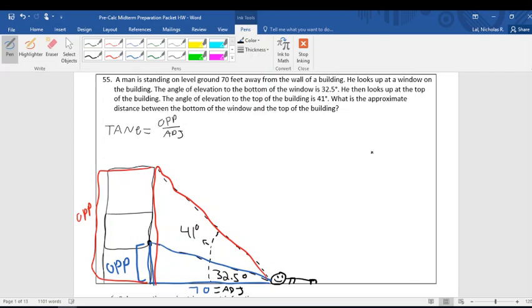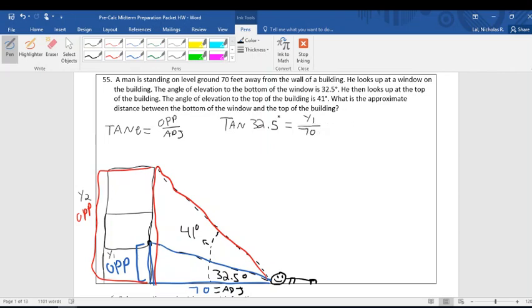So we have two equations here. The tangent of 32.5, and let's call this opposite side y1 and the red opposite side y2. The tangent of 32.5 is equal to y1 over 70.